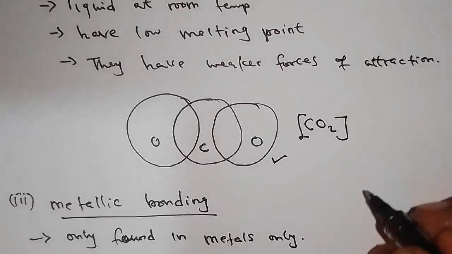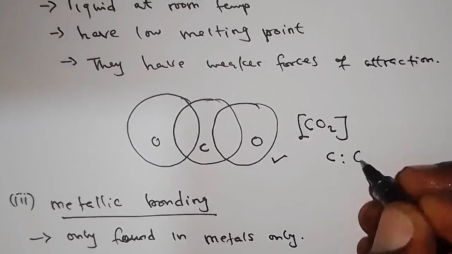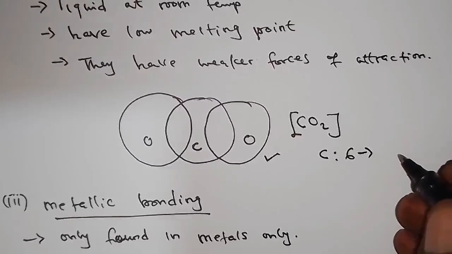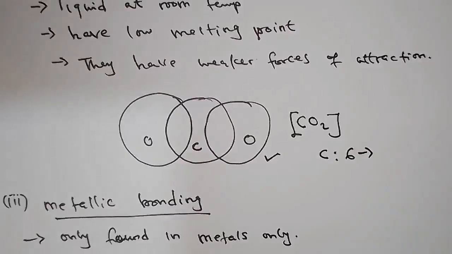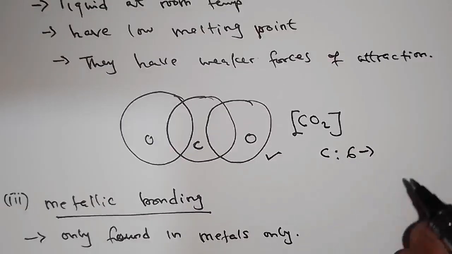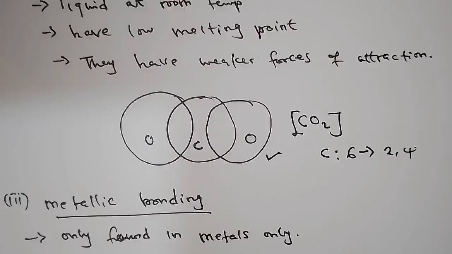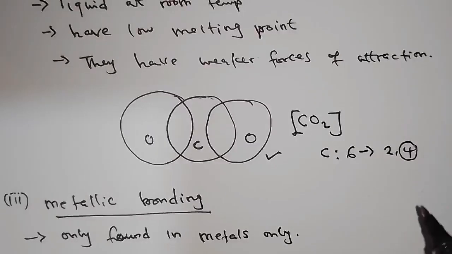Just to give you a sense of purpose, carbon has 6 electrons. Once you configure them, you are going to have 2 and 4. Meaning the number of electrons that participate in this sharing will be just 4.